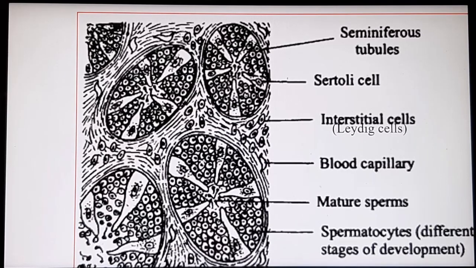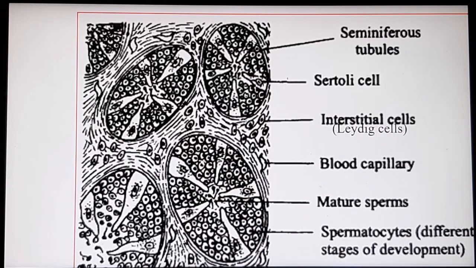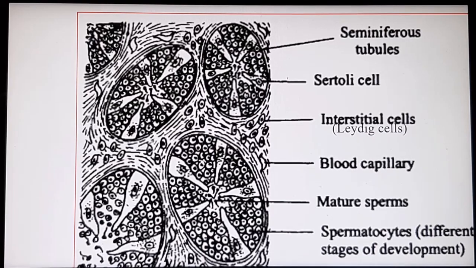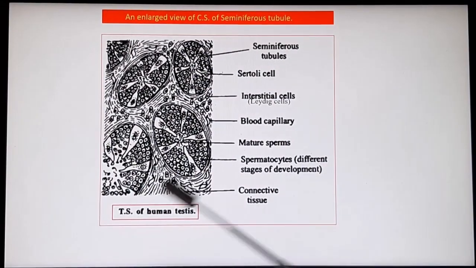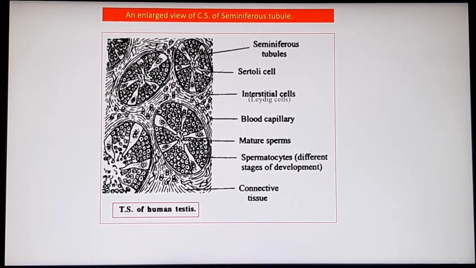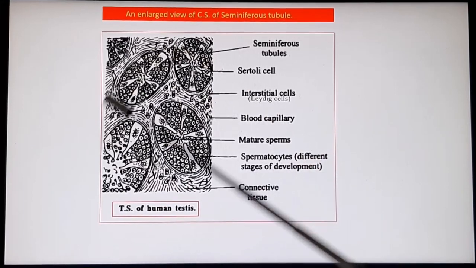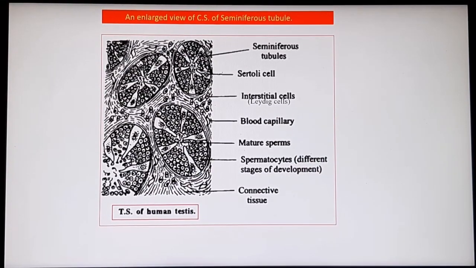Different stages of development of the cells you can see within the seminiferous tubule, altogether called the germ cells. And the connective tissues are also present within the interstitial space. So this is the anatomy of the seminiferous tubule.